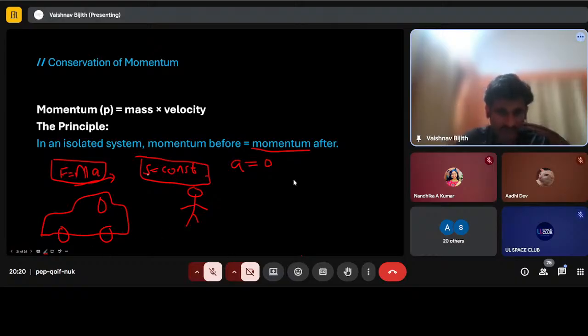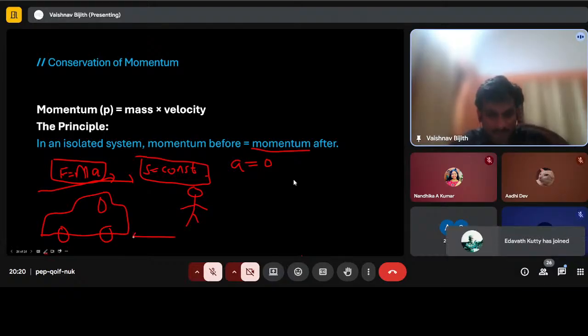other thing. When the car is speeding up and we come into contact with the car, at a very small instant, the car actually decreases its speed, and at that moment the acceleration changes sharply.